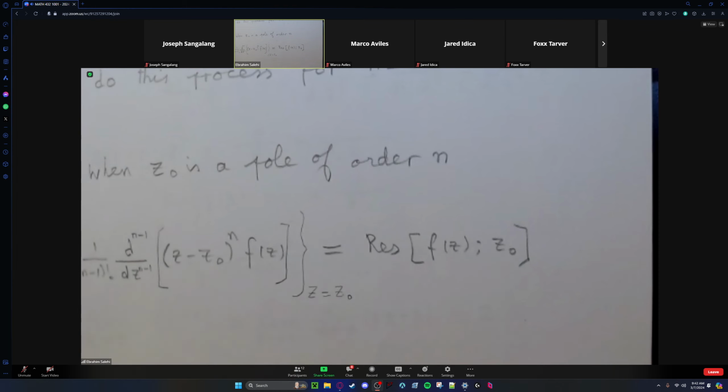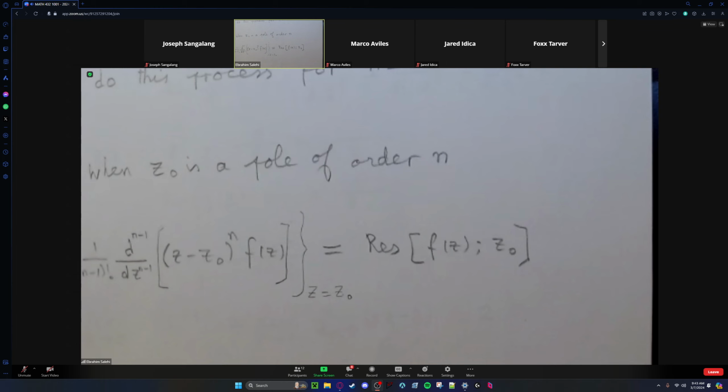I'll stop right here, and this pretty much covers section 16.3.